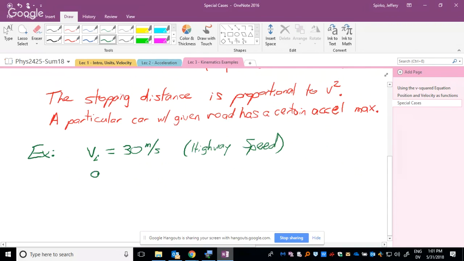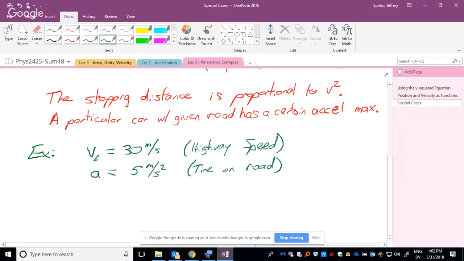And A is equal to 5 meters per second squared. And 5 meters per second squared is an approximate acceleration I'm making up for a car driving down a road.